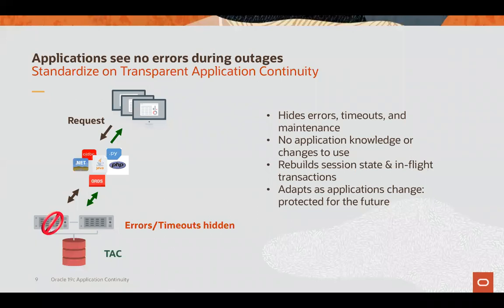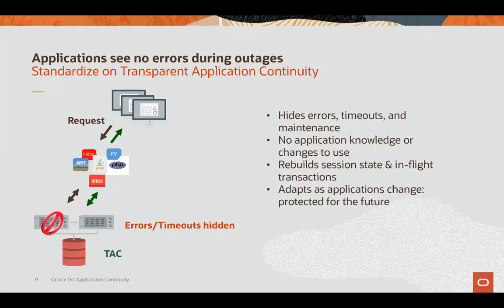It is completely transparent to the application, and it is totally handled by the database engine. So the database will perform all those tasks required by application continuity to recover the transaction, the request in this case, because we're not speaking about individual transactions, as you have seen in the previous slide. We're talking about requests.